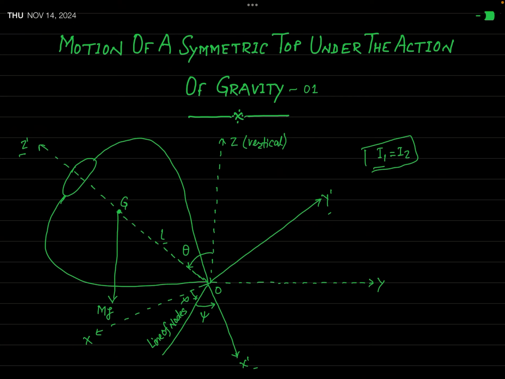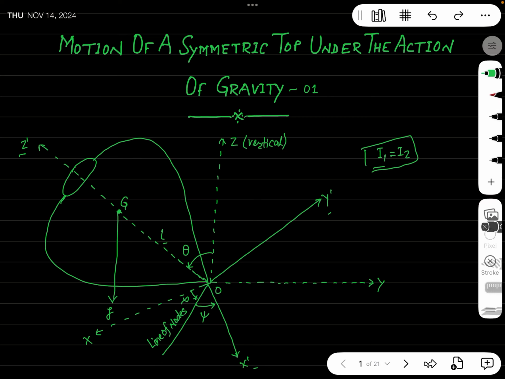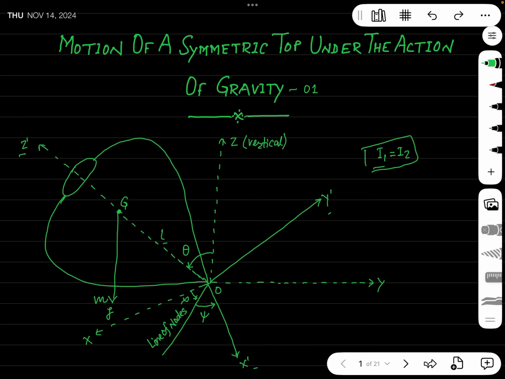Okay. Now, the only force acting on this rigid body is the force of gravity. If you assume that m is the mass of the rigid body, then the force of gravity will be equal to mg, and that will act in vertically downward direction at center of gravity.